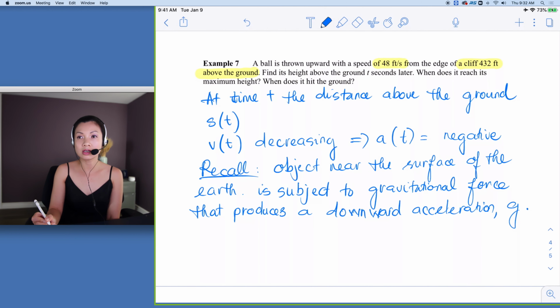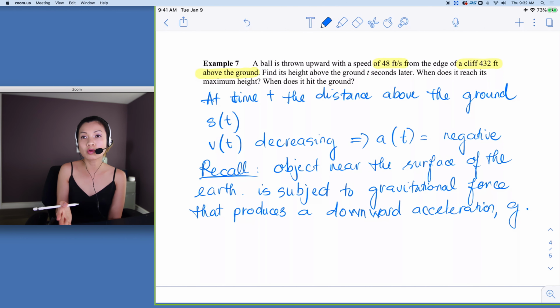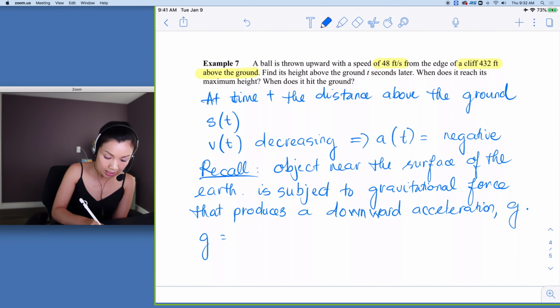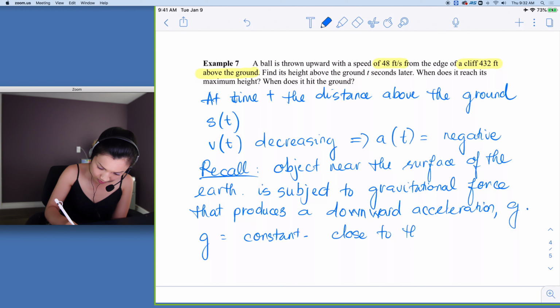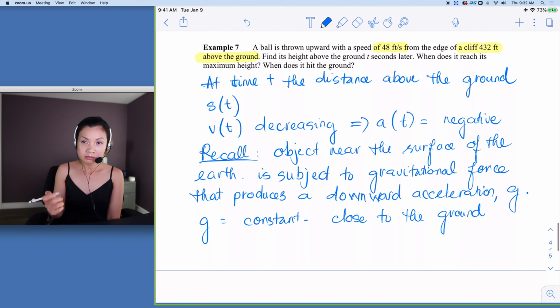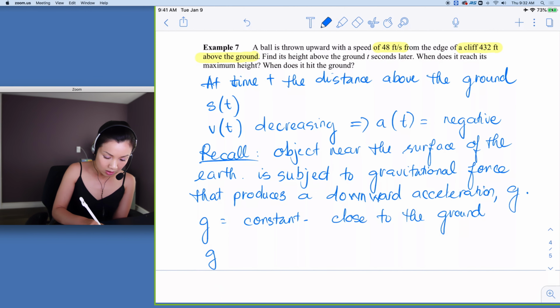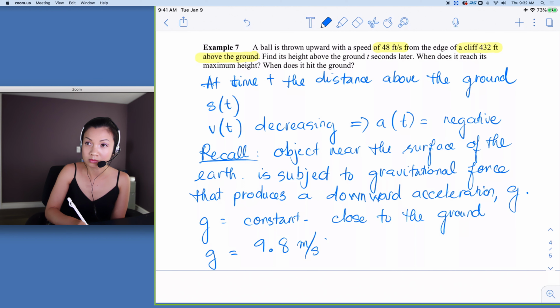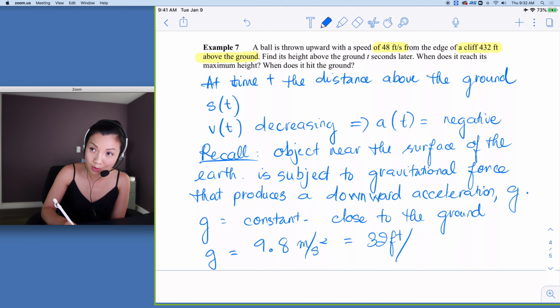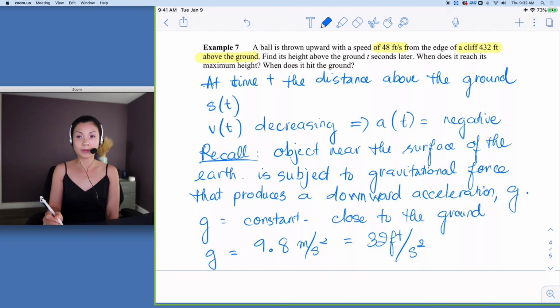We're going to call it g. So for motion close to the ground, we assume that g is constant. And hopefully you still remember this. So we have 32 feet per second squared.